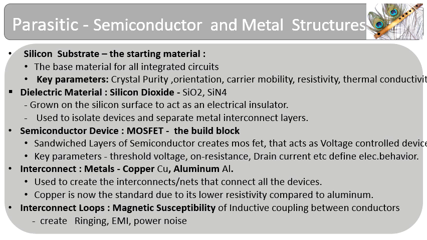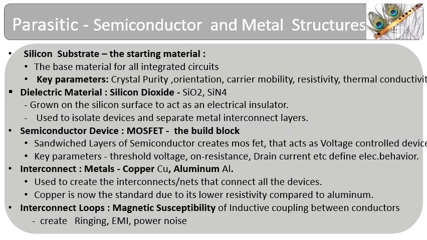Every integrated circuit begins with the silicon substrate, which forms the foundation for all semiconductor devices. The substrate's key parameters such as crystal purity, crystal orientation, carrier mobility, resistivity, and thermal conductivity directly impact speed, power efficiency, and reliability.